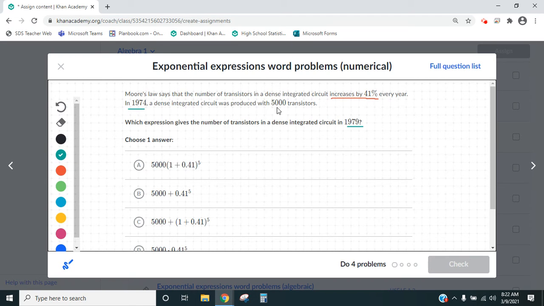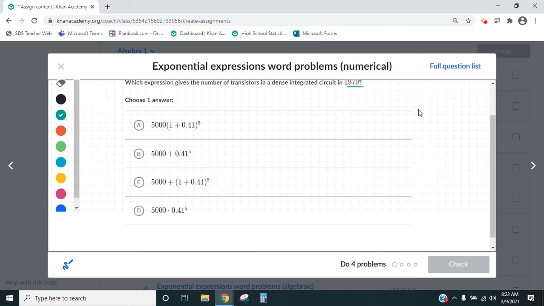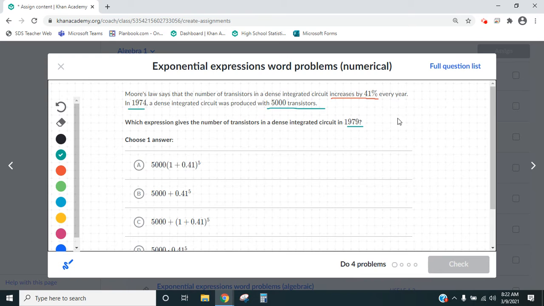It also says this keyword in here, increases by 41%. Also, in the beginning, in 1974, it started with 5,000. So which one of these represents the growth, or how many transistors will be in 1979? First of all, it starts with the original number. You should start with 5,000.